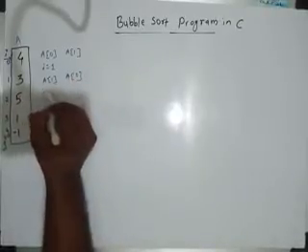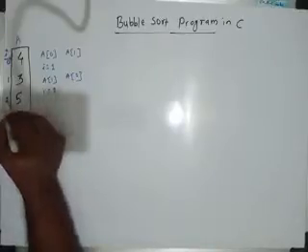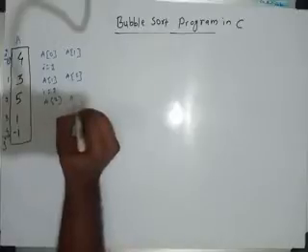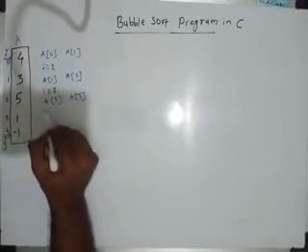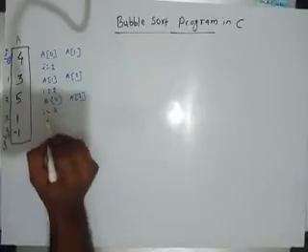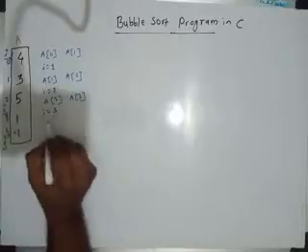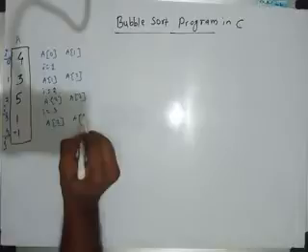Then I'll increment my I, it will become 2, that is this place. And then I'll compare A of 2 with A of 3. Right? And then I'll increment my I to 3. And when my I is 3, that is when my I is here, I'll perform the last comparison, that is between A of 3 and A of 4.